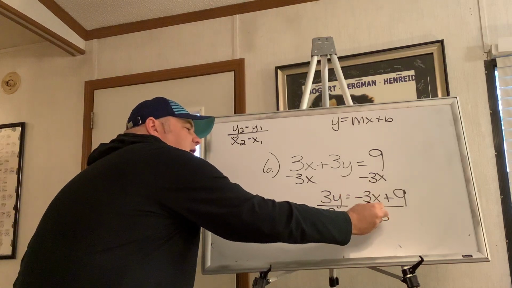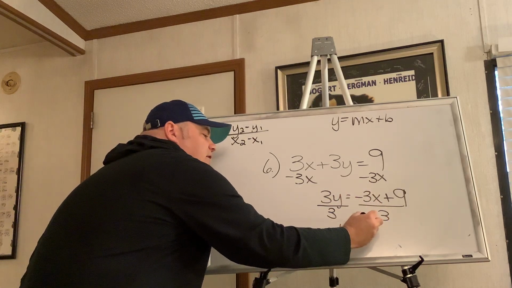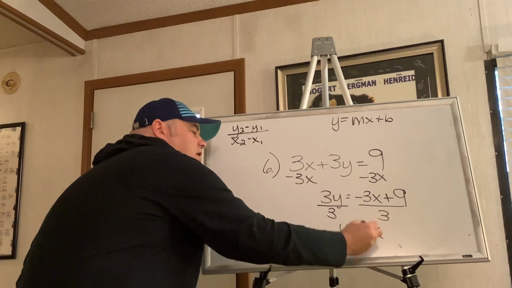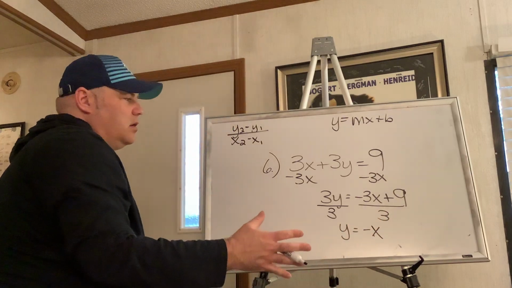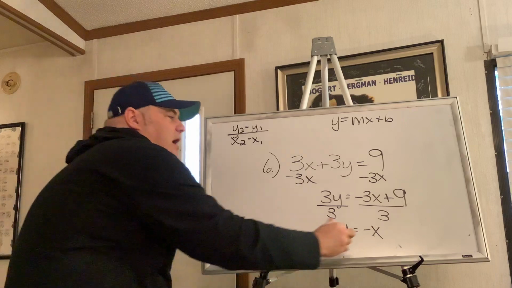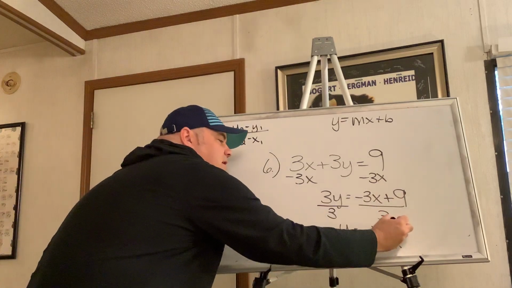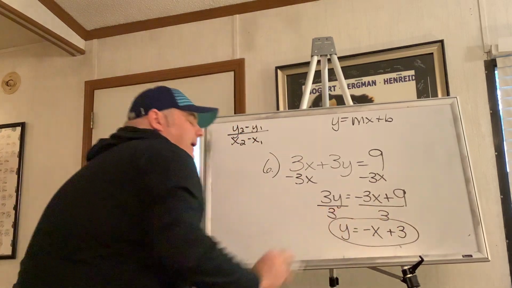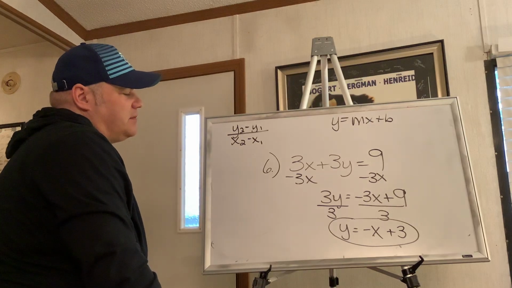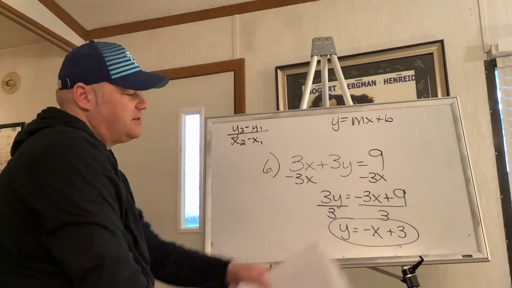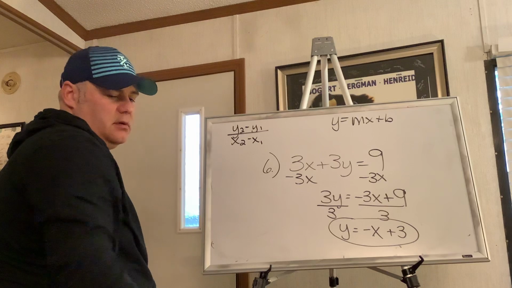But negative 3 divided by 3 is negative 1, so negative 1x or just negative x. If you put negative 1x, you're not wrong, but you want to get out of the habit of doing that. And then 9 divided by 3 is a positive 3. Okay? So negative x plus 3. If you have negative 1x plus 3, that's okay too.